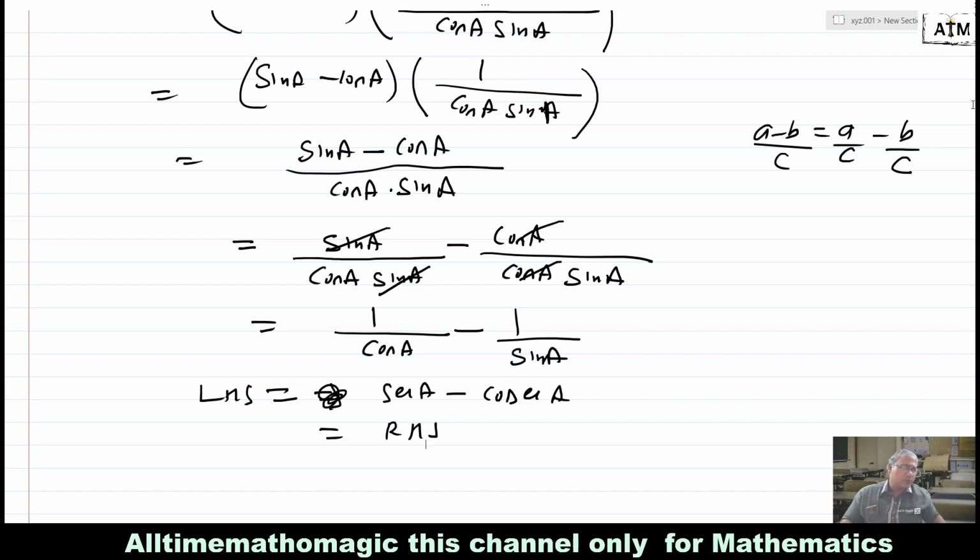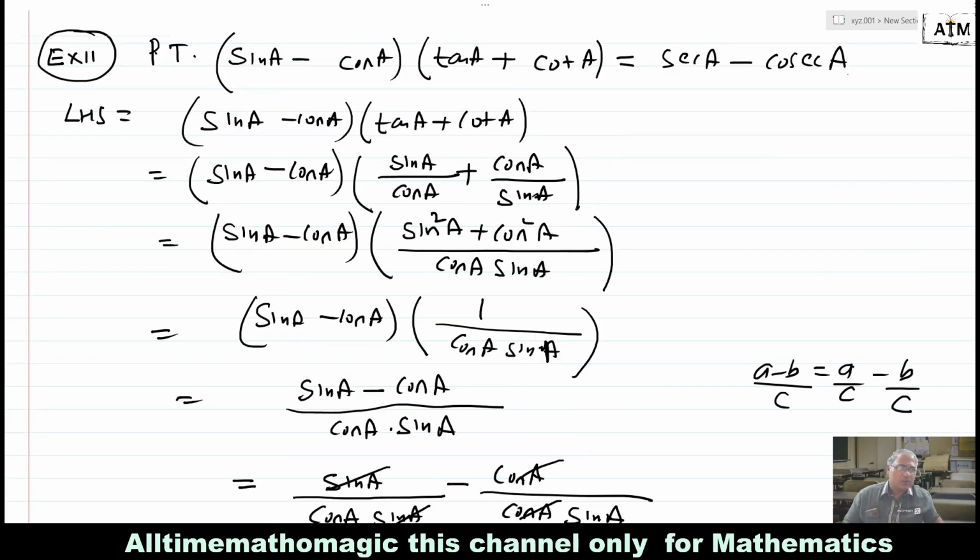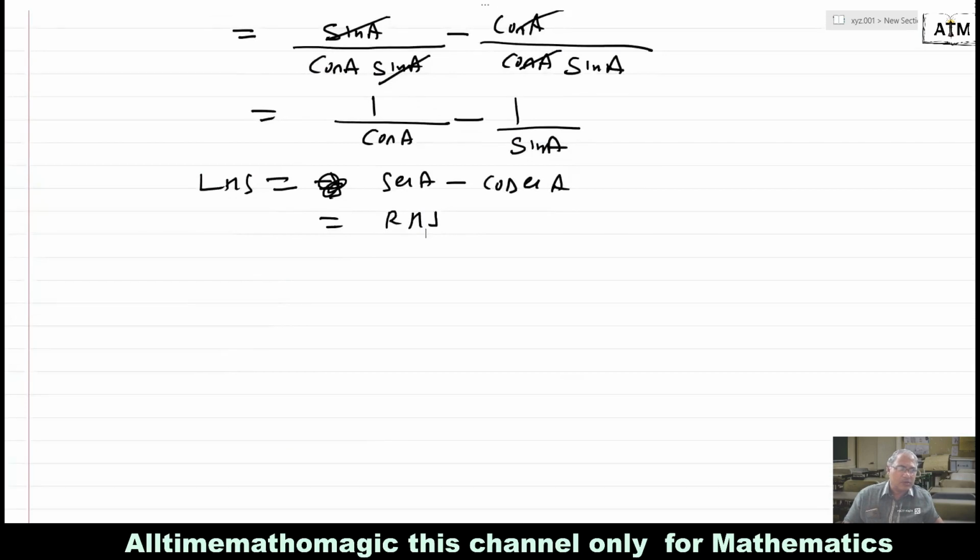You see here what we had to prove: sec A minus cosec A. What you got here is sec A minus cosec A. That is RHS. Therefore, LHS equals RHS, proved.